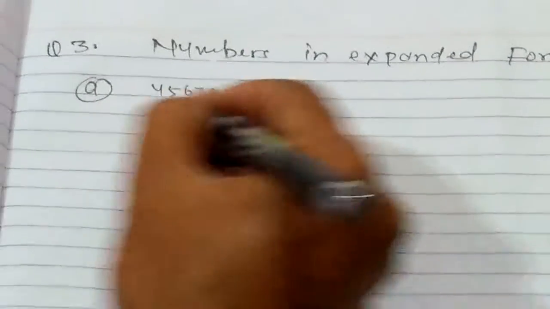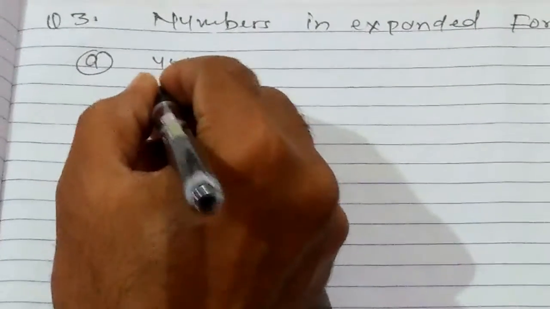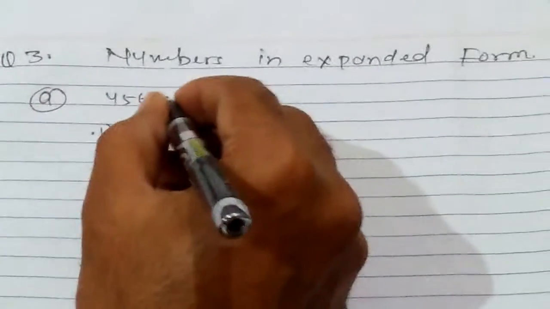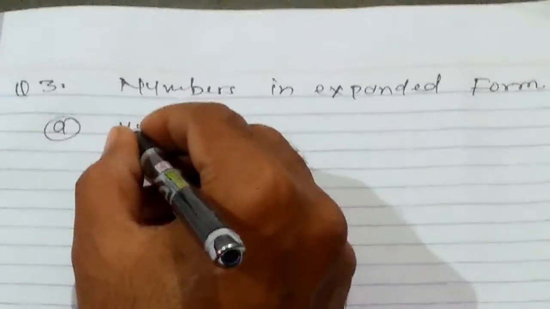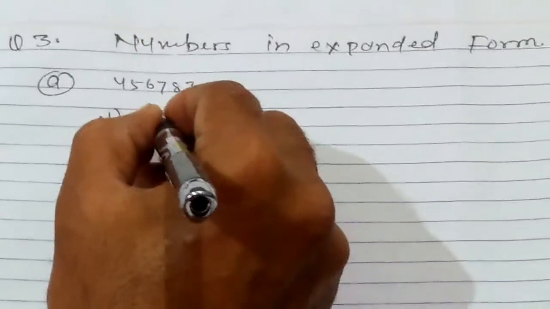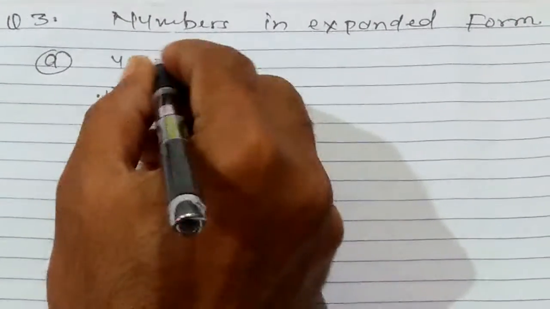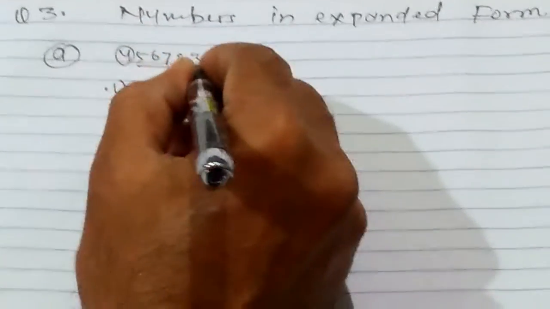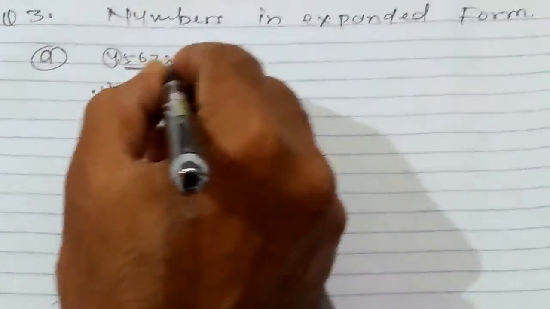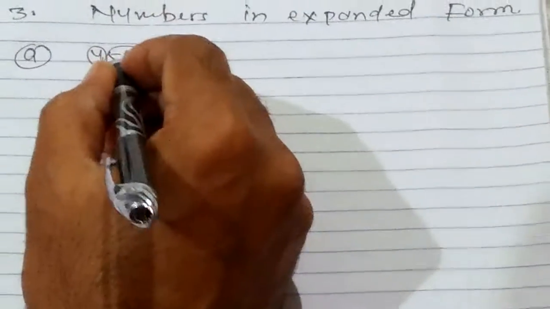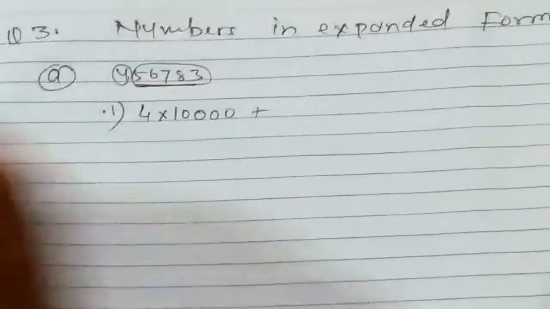It has 3 types. First, according to periods: ones, tens, hundreds, thousands, ten thousands, lakhs. It means first we write 4 into 1 lakh. After writing 4, we have to give the zeros accordingly.